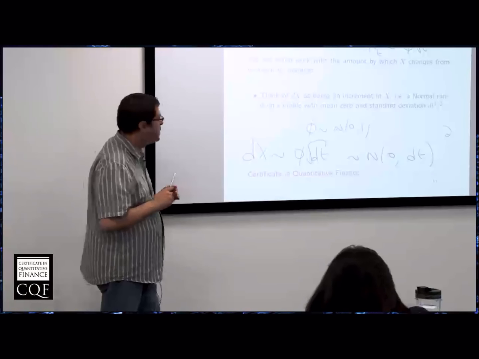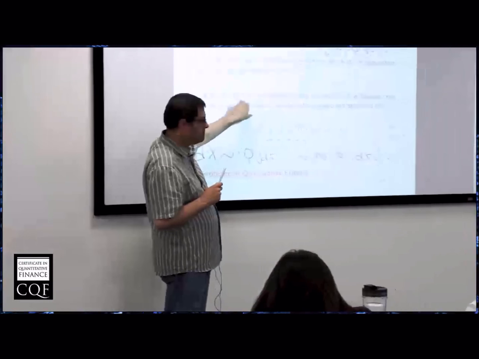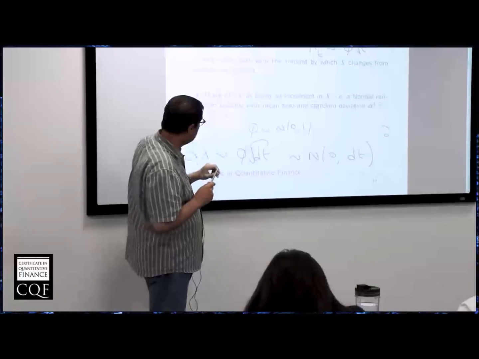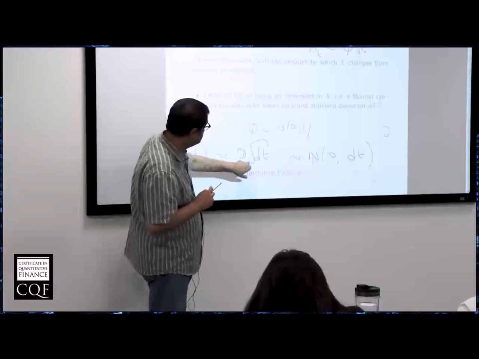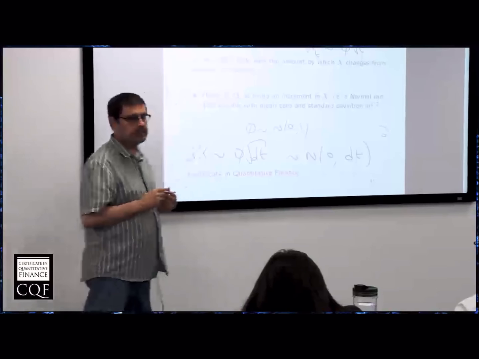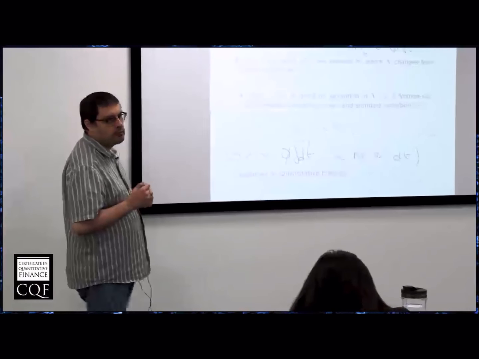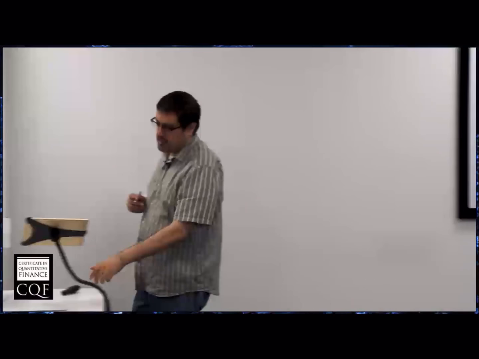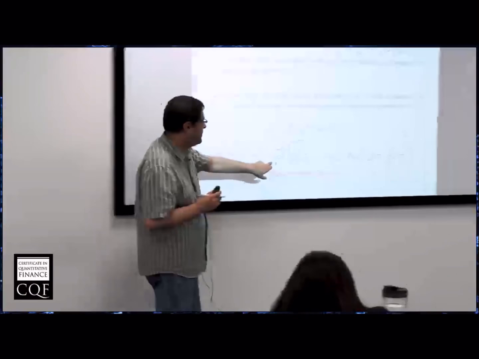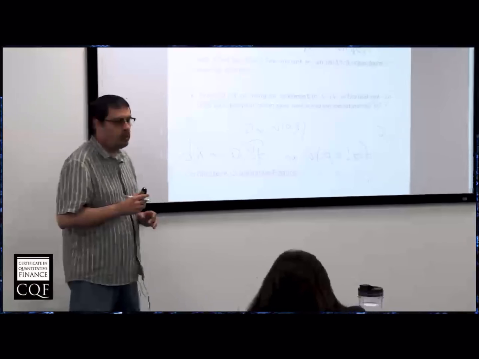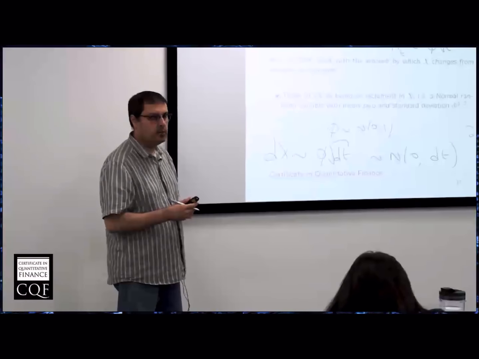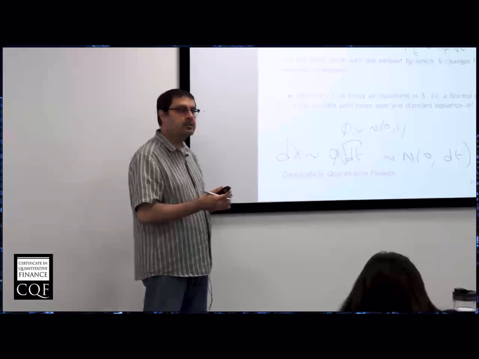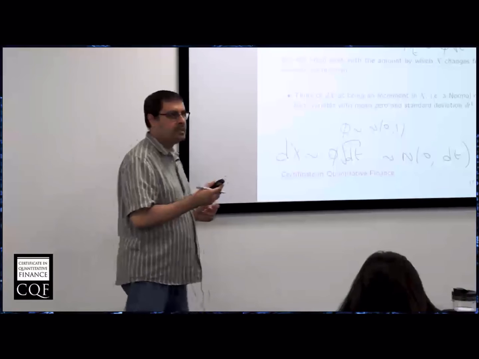So from now on, we're interested in dx, and we also think of dx as phi times the square root of whatever the time step is. We don't really say multiplied by, we say scaled with. I know Paul would have used that word quite frequently as well: a scaling, or scaled with.